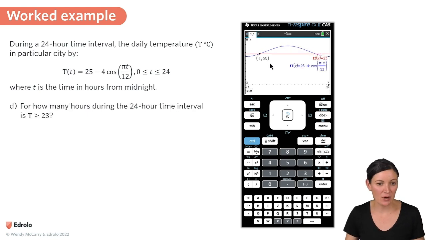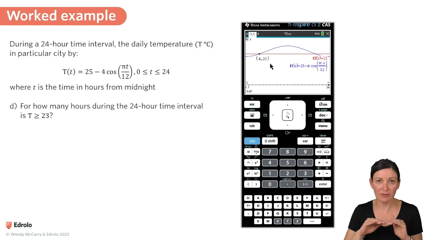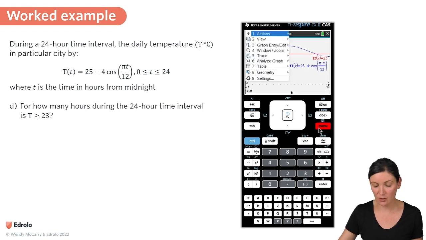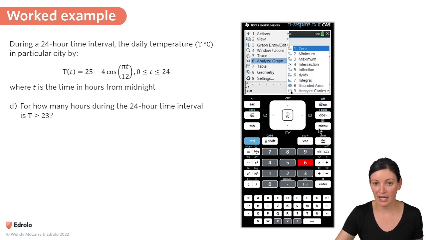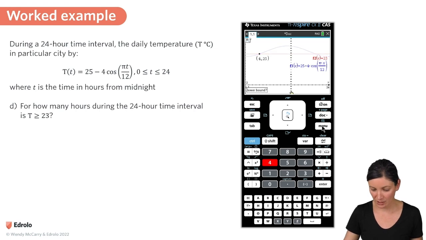Okay, part D of this question says, for how many hours during that 24-hour time interval is the temperature greater than or equal to 23? So now we're looking for the part of the curve that is above 23. So we need to find our second intersection point here first. So if I go to menu and then Analyze Graph and then intersection, I now want to find that second intersection point.